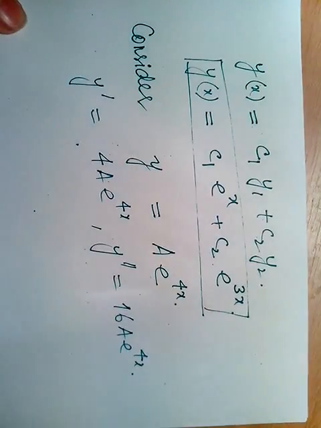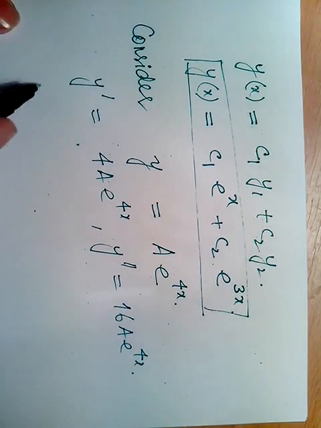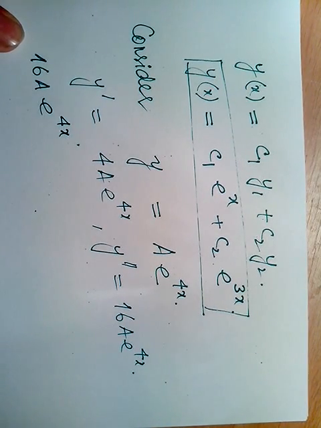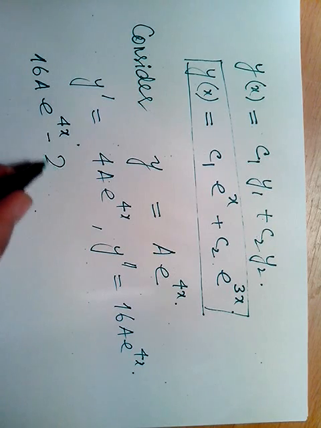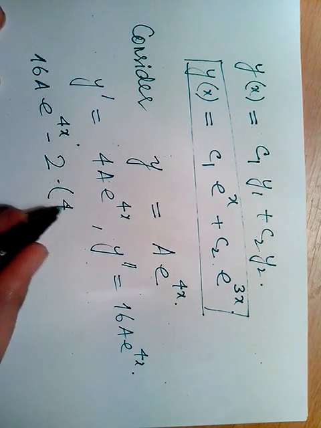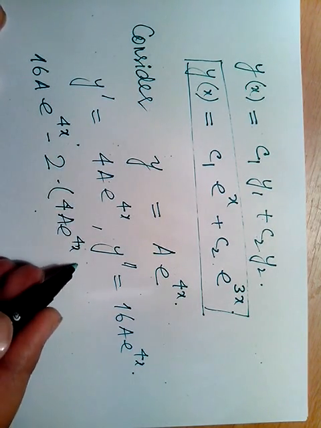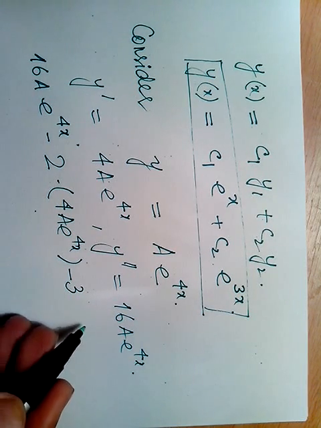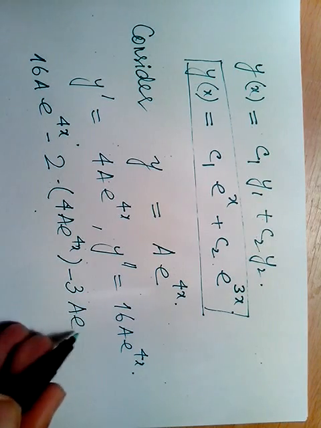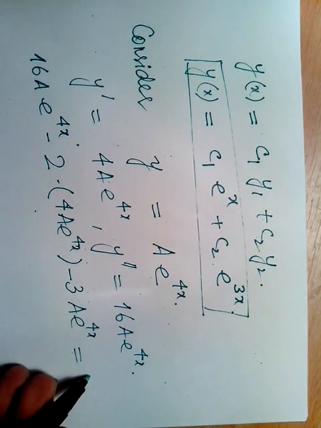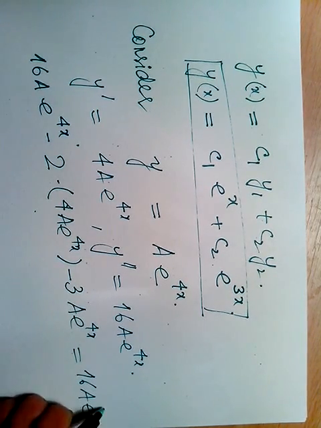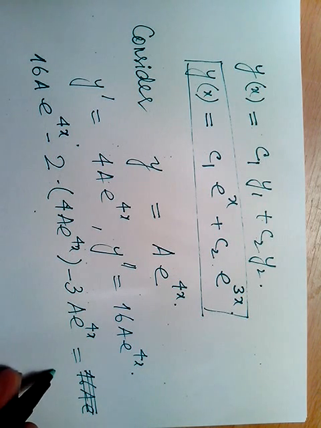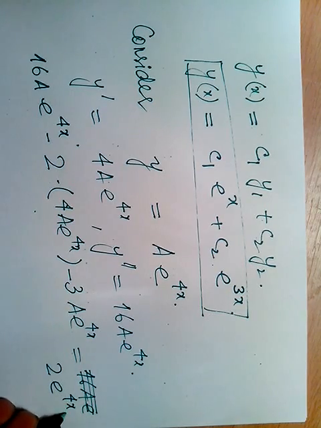This is going to be 16a e raised to power 4x, then minus 2 multiplied by 4a e raised to power 4x, and then minus 3y, where y is just a e raised to power 4x, equals 2 e raised to power 4x, which is the right hand side.